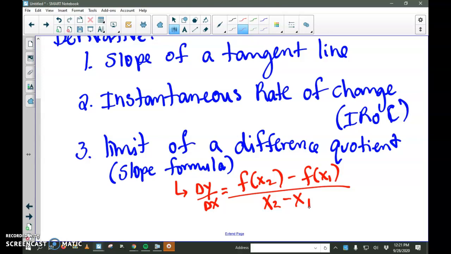And so what I explained in the video you should have watched prior to this is that I'm looking at the slope of secant lines as one x value moves closer and closer to the point of tangency, the point on the tangent line. And that movement of closer and closer is that limit piece of things.